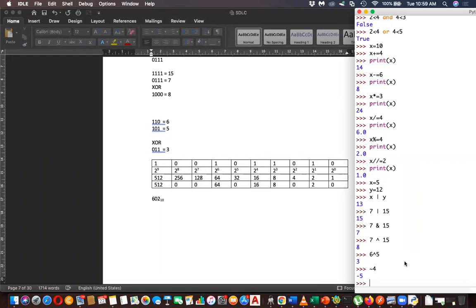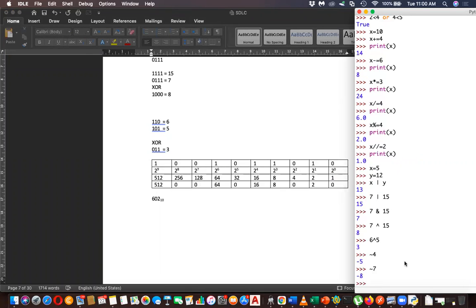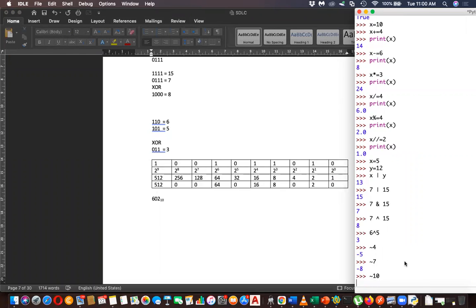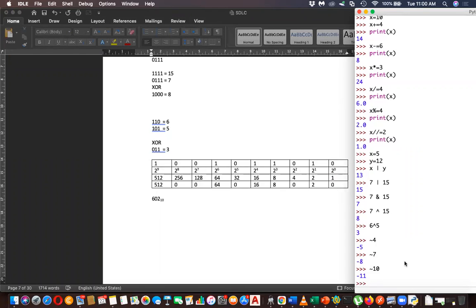Not 7 is minus 8. Not 10 is minus 11. Minus, so 1 will be added.